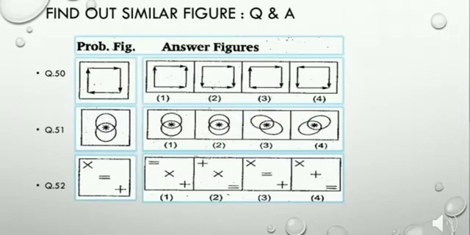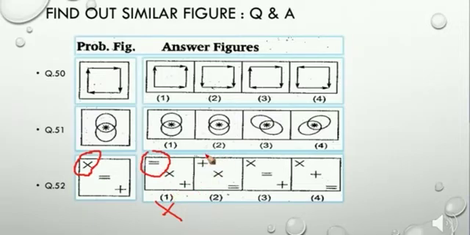Now let's go to question number 52. In the problem figure, let's pick one of the portions here. Let's check whether this portion is there in the given answers. In option 1 this is not the same because in the given problem figure it is a cross sign, multiplication sign, whereas in option 1 it is an equal to sign, so this can't be the answer.